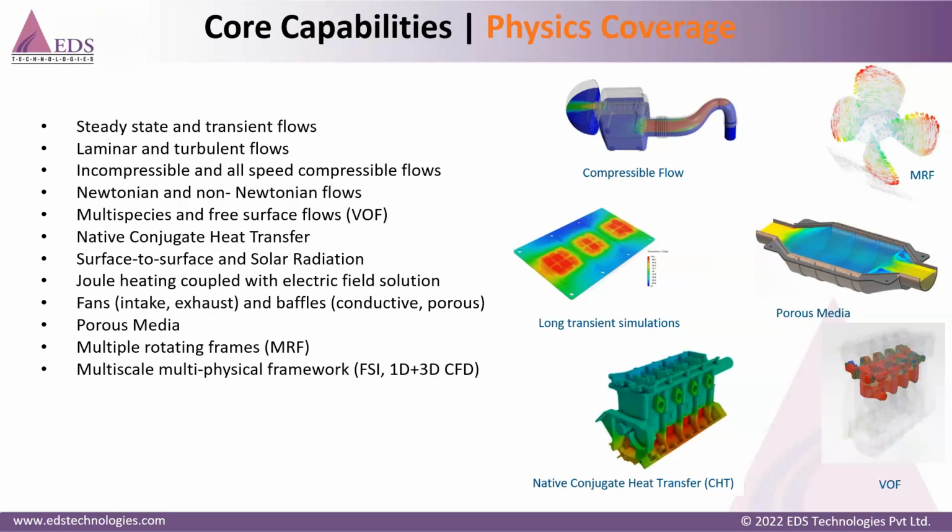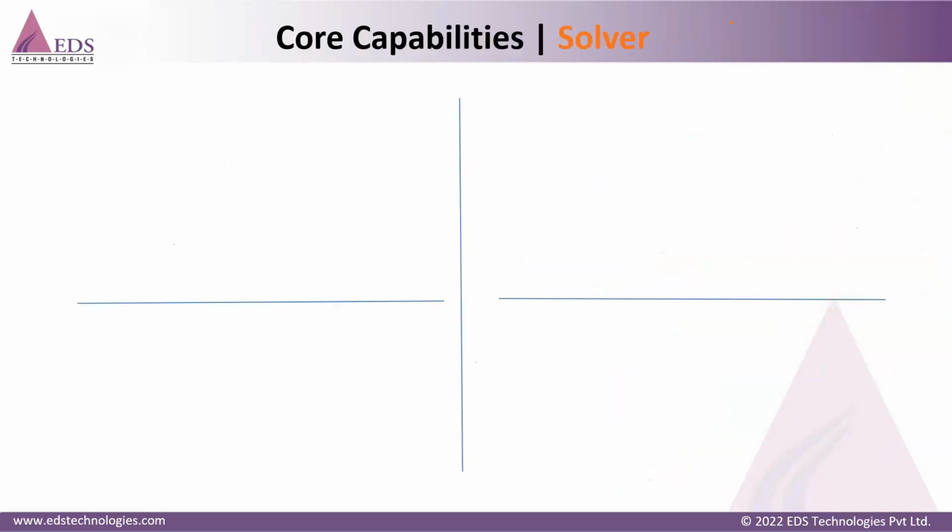So all these different capabilities, or physics coverage as we call it, are possible and can be done through the Fluid Dynamics Engineer role, like steady state, transient flows, laminar, turbulent flows, incompressible and all speed compressible flows, Newtonian, non-Newtonian flows, multi-species and free surface flows, that is VOF, native conjugate heat transfer, surface to surface, as well as solar radiation, Joule heating coupled with electric field, intake, exhaust, conductive, porous media, multiple rotating frames, as well as multi-scale, multi-physics frameworks like fluid structure interaction, one-dimensional plus three-dimensional CFD combined, all can be performed here.